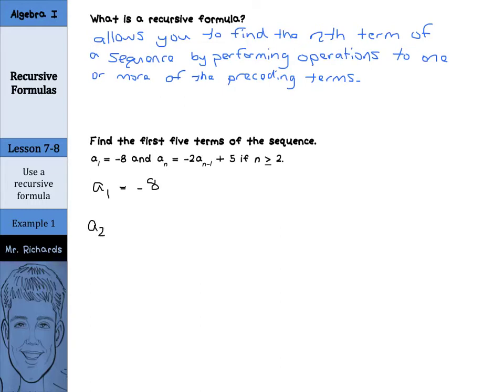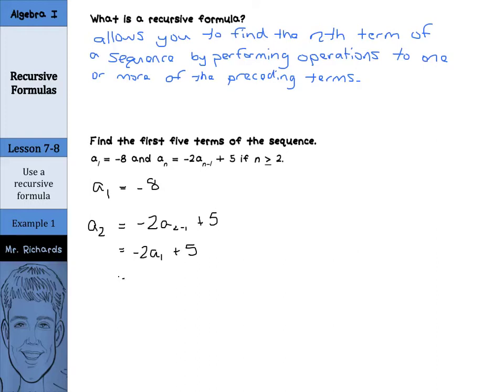a2 is going to equal, we use this formula now, -2 times a to the 2 minus 1 term plus 5. Well, this 2 minus 1 term, -2 times a to the, is the first term.